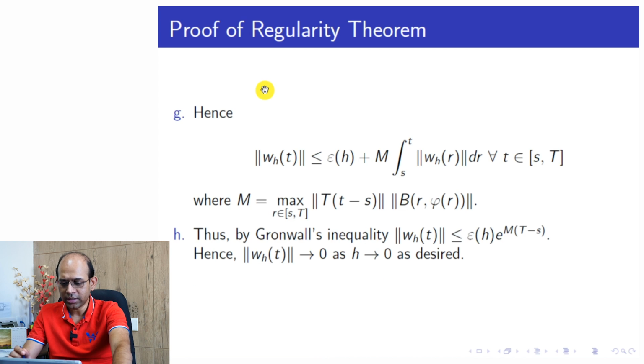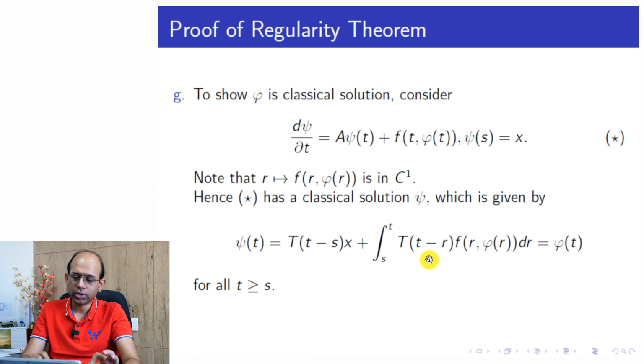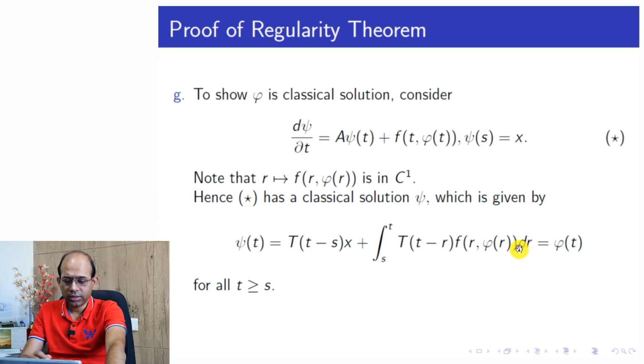So that appears here exactly, and that is equal to phi t. So what you have obtained is that psi is the same as phi, for all t greater than or equal to s, in between s and capital T. So psi and phi are equal.